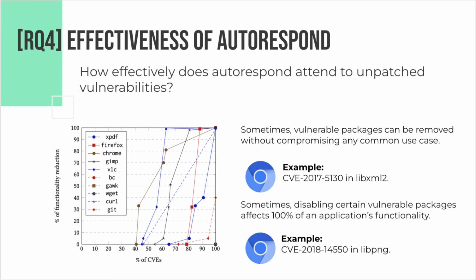In Git, for instance, 95% of the CVEs affect less than 5% of the functionality. In Firefox, 78% of the CVEs do not affect any of its functionality. But there are certain CVEs where, if we disable the packages, they will affect 100% of applications' functionality.